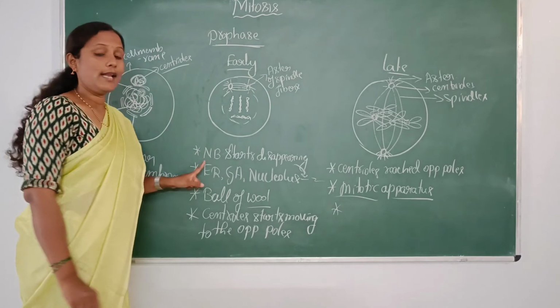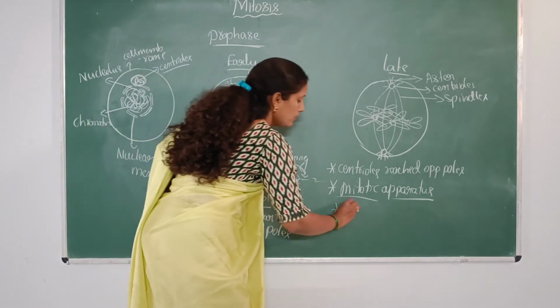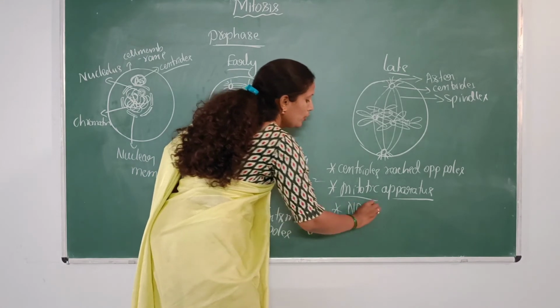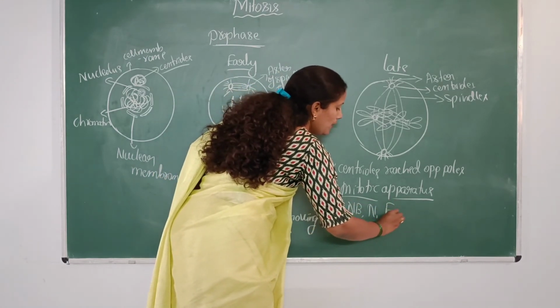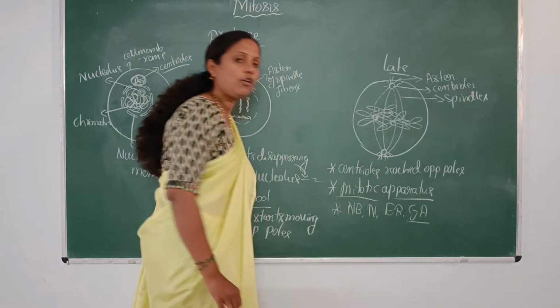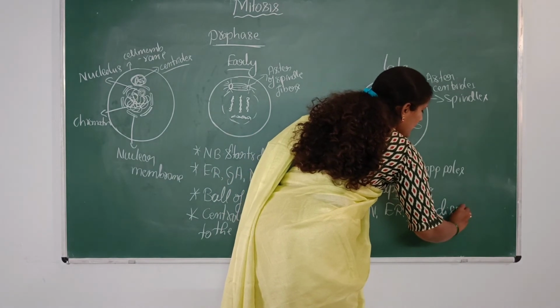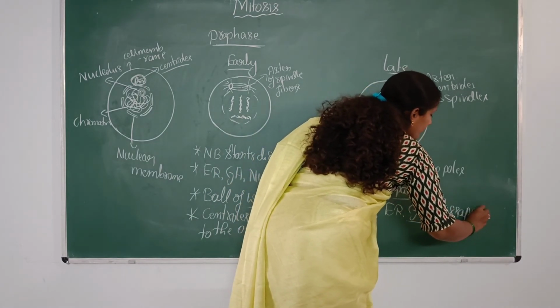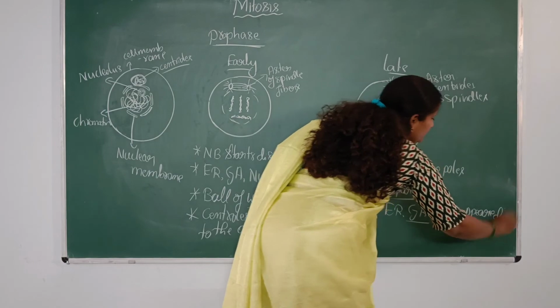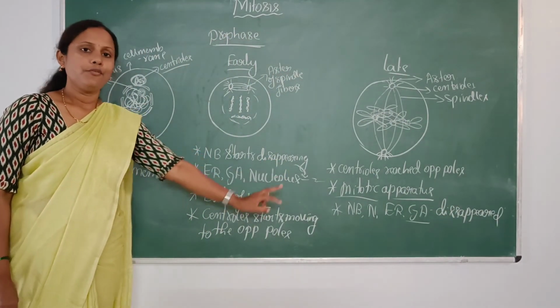And the cell organelles, that is the nuclear membrane, nucleolus, endoplasmic reticulum, and Golgi apparatus, all of them have disappeared already. So these are the events in the prophase.